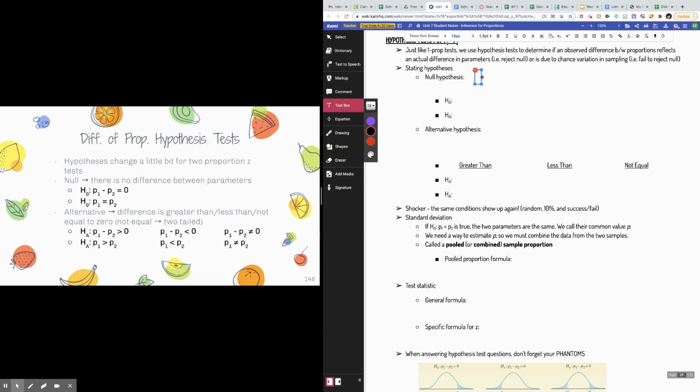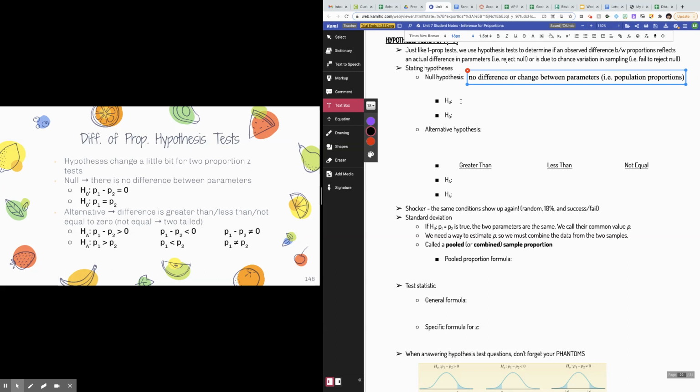Your null hypothesis is that there is no difference between the parameters, i.e. your population proportions. That's the null. We're assuming no difference or no change.